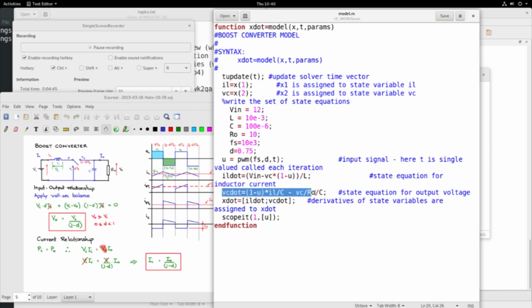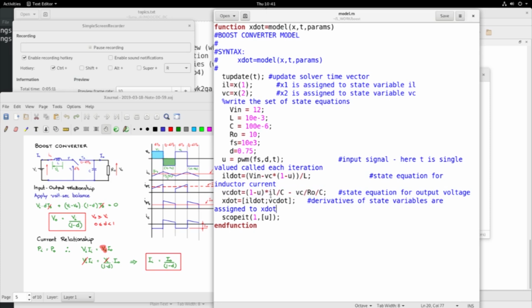Likewise, the other dynamic equation here, C dVc by dt is 1 minus U into IL minus VC by R naught. So the current here is 1 minus U into IL only when this switch is off, that you see the current flow through here in this branch just before the capacitance.